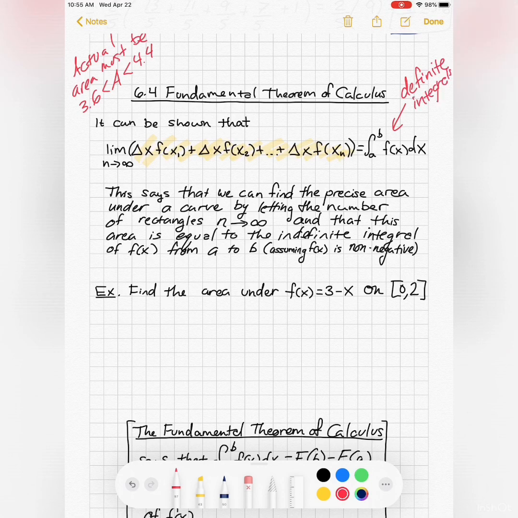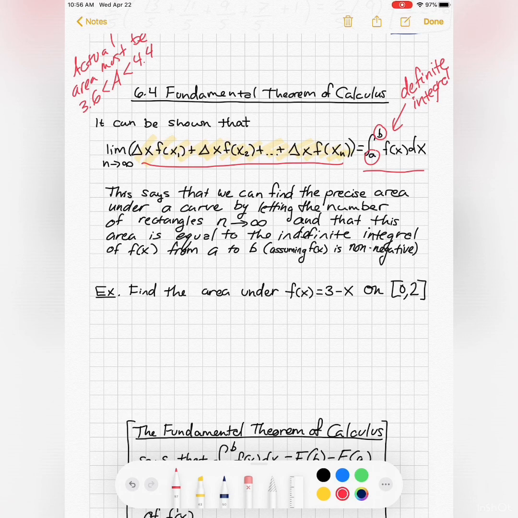Those are the ones without the endpoints. So you see how this is an integral from a to b. This is called a definite integral. So it can be shown that if I take the limit as n tends to infinity of one of these Riemann sums, that's equivalent to the definite integral from a to b of the function f of x.